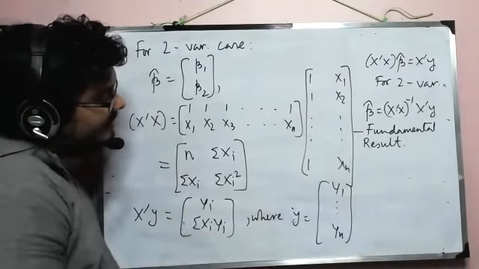So what is it? By definition, this is the expectation of beta hat minus expectation beta hat, into beta hat minus expectation beta hat transpose.